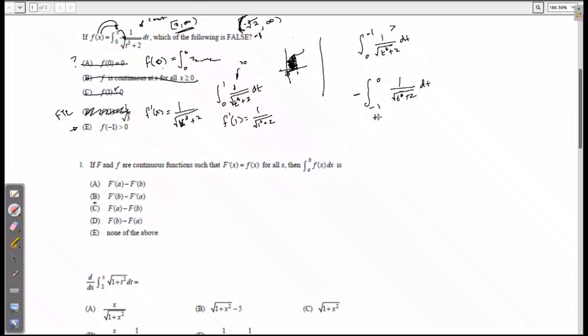This gives me a positive base. This gives me a positive height, but this negative means that the whole thing should be strictly less than 0, and that's why choice E is our best answer. So only one of the answer choices really used the fundamental theorem of calculus, but we had to know that fundamental theorem of calculus in order to answer this problem.